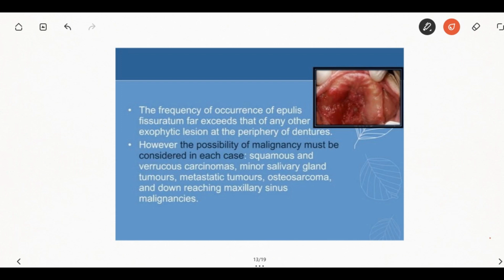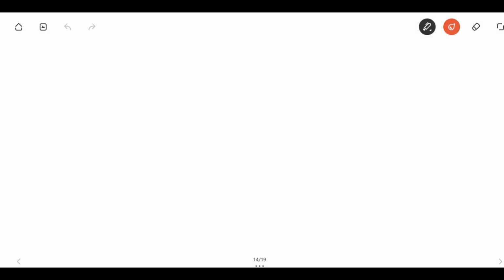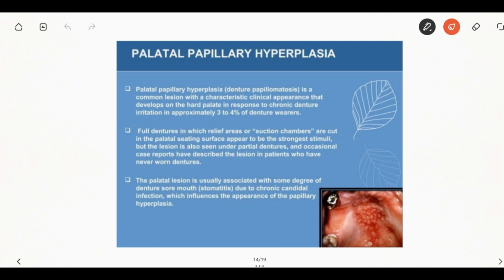Next comes the inflammatory papillary hyperplasia, or the other name is palatal papillomatosis. Papillary hyperplasia is an unusual condition involving the mucosa of the palate. It is associated with ill-fitting denture that permits frictional irritation and poor state of oral hygiene.